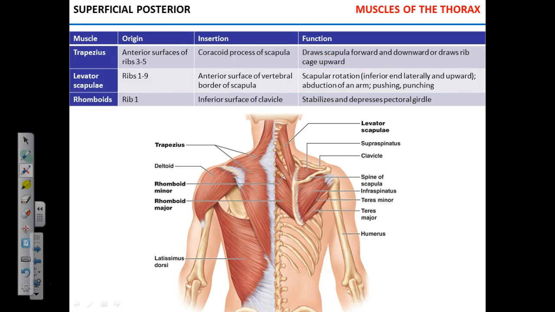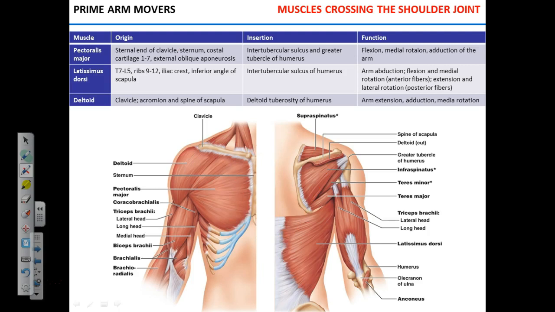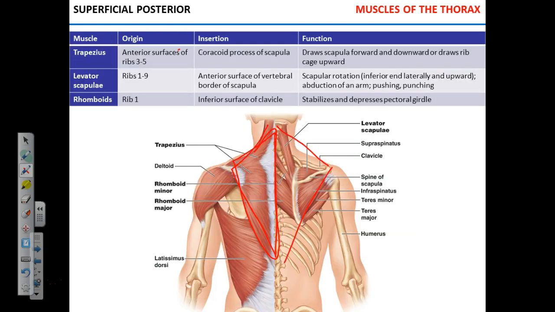Posterior muscles, trapezius. It's a huge muscle right here, number 34. That's the muscle, okay? It's more of a triangle, but if you take two, it'll look a little bit like a trapezius.